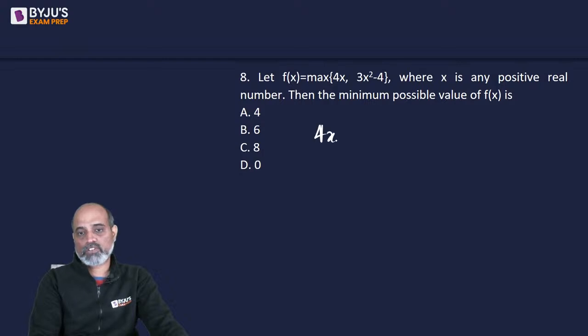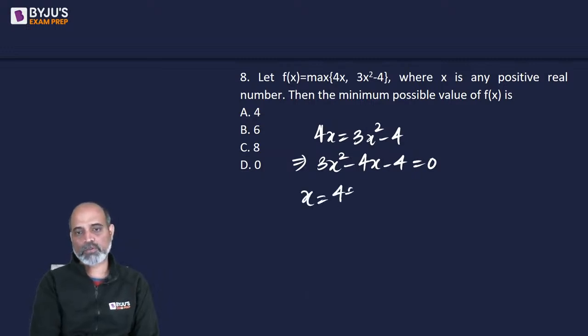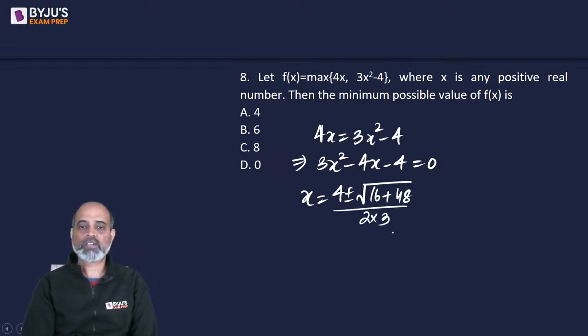So first step is, obviously we are going to equate them. So this is what we will get. So we will get 3x square minus 4x minus 4 is equal to 0. So this is going to give you the value of x as 4 plus minus under root 16 plus 48 by 2 into 3.